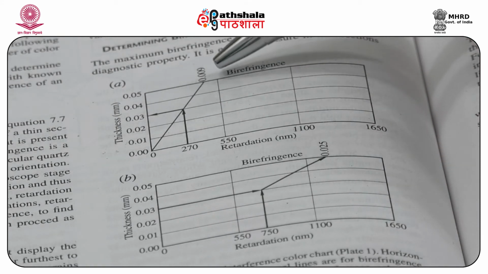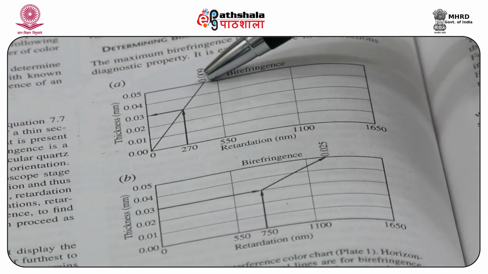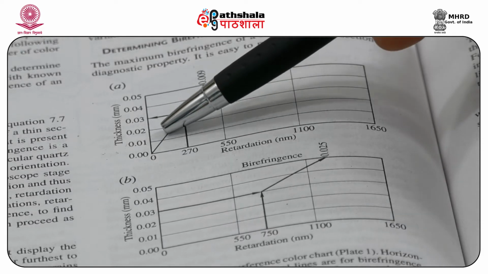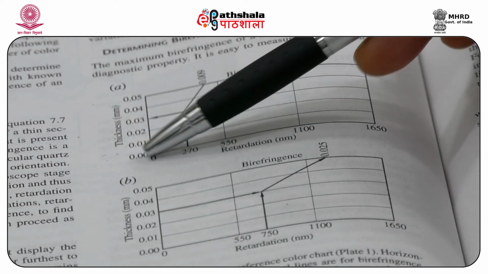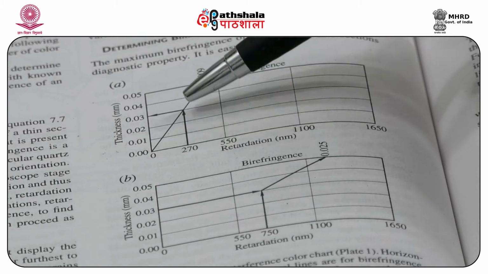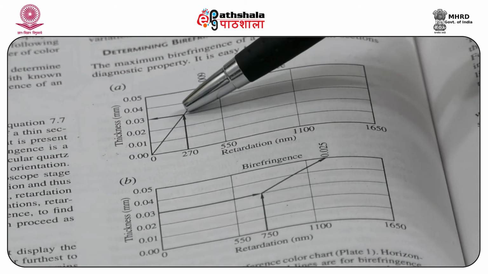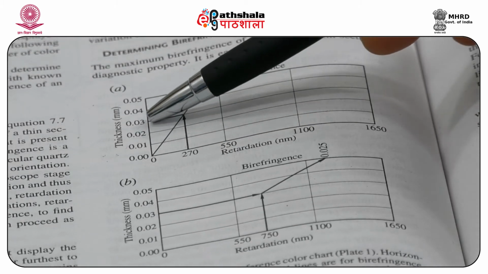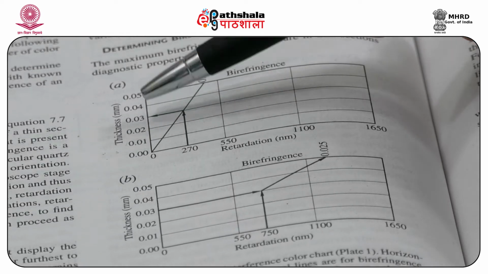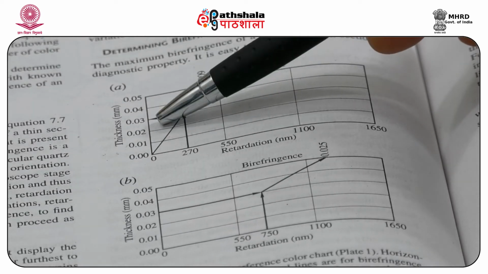Here, for instance, we have a mineral of known birefringence, which has a birefringence of 0.009. We will go across the radial line and join it to the bottom, and we will see that for a retardation of 270 nm, we have a mineral with a known thickness of 0.03 millimeter.